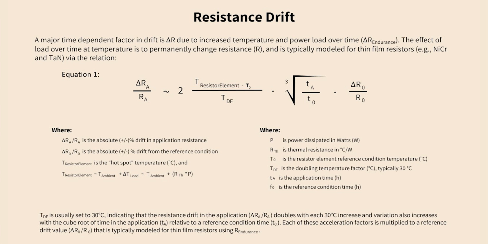Similarly, the cube root of the application time, T of A, compared to a reference time, T of O, highlights the relationship between time and the rate of drift. By combining these influences with absolute drift and baseline drift, this model provides a reliable estimate of how thin film resistors behave under extended use.